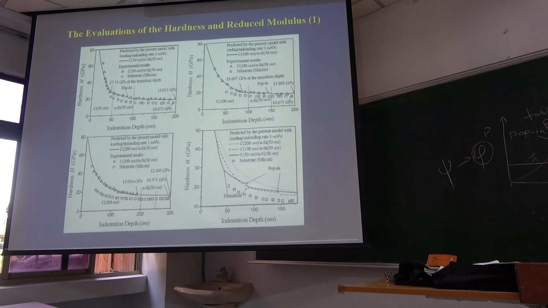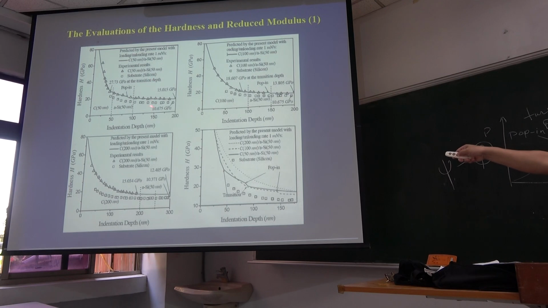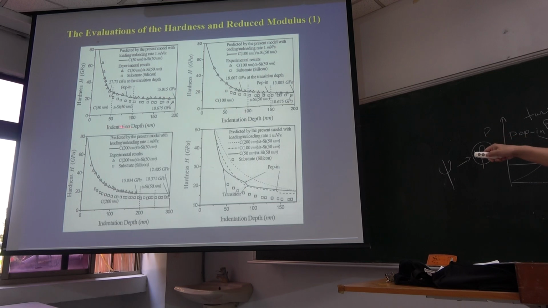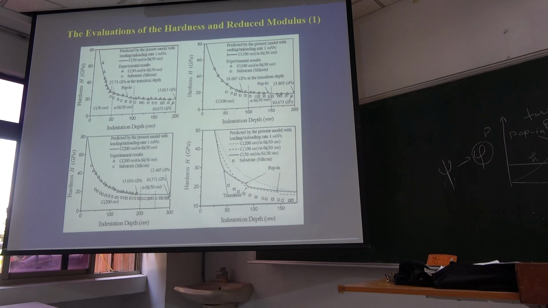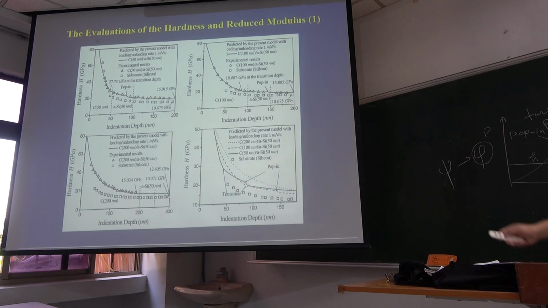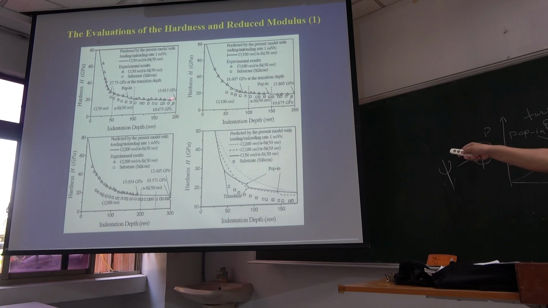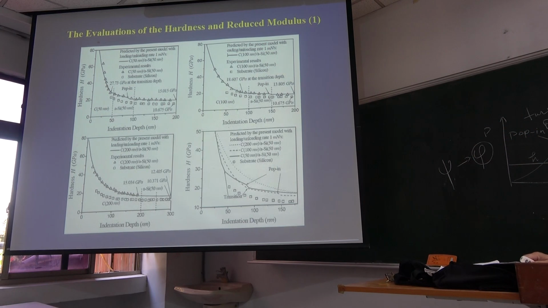If your indentation depth increases continuously, you'll find these two sets of data are close to each other. It means that if your indentation depth is too large, the composite film data you obtain is wrong, because at that moment your data is much affected by your substrate behavior.